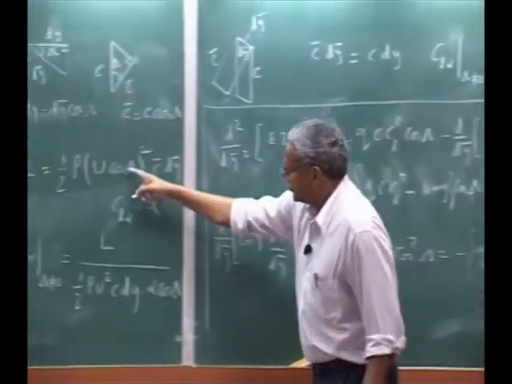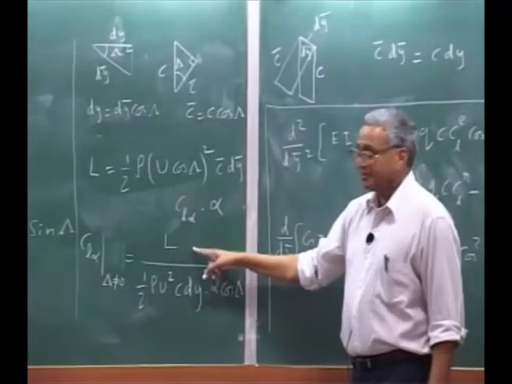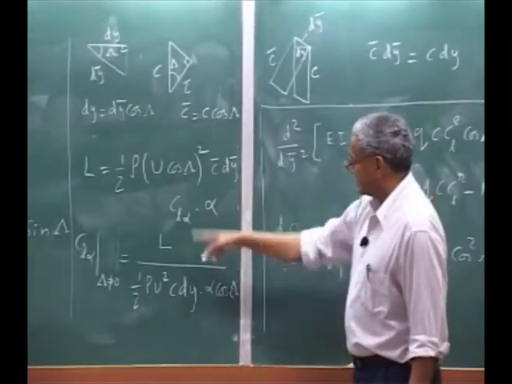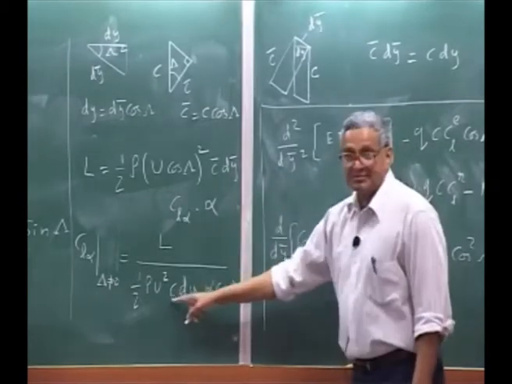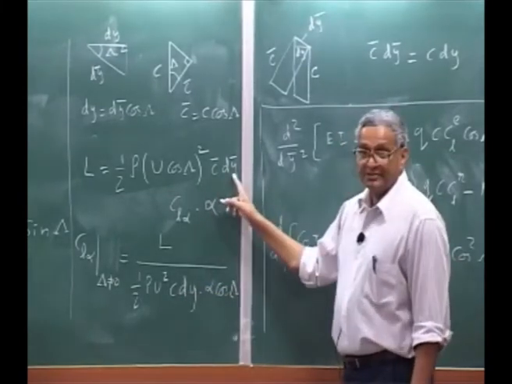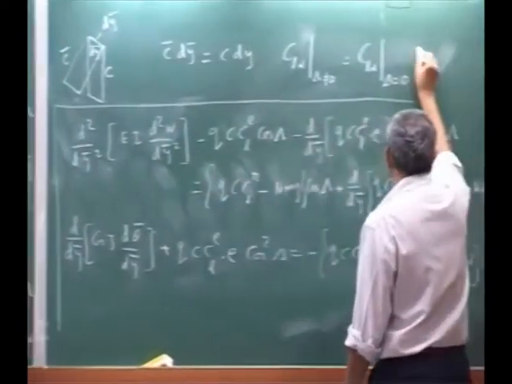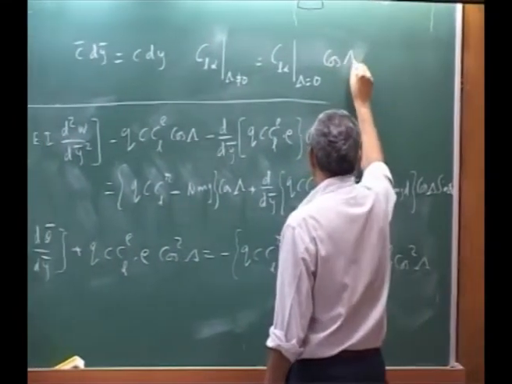Substituting, one cosine lambda will cancel, and the rest remains, because C dy is nothing but C bar dy bar, so the area is the same. You will get this into cosine lambda.